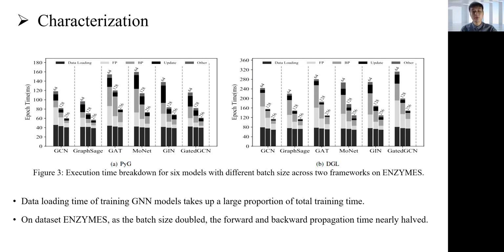Currently, the computation of graph neural networks is lightweight because when a graph neural network has too many layers, the features of all nodes tend to be similar. Therefore, the data loading stage easily becomes the training time performance bottleneck. What's more, on dataset ENZYMES, as the batch size doubled, the forward and backward propagation time nearly halved.